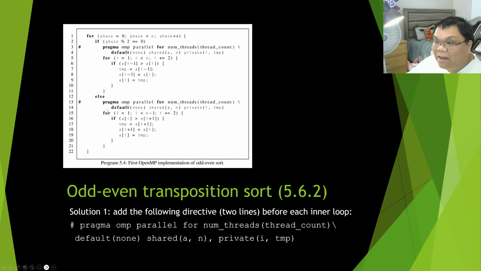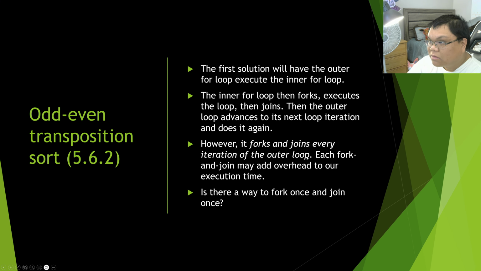And then we do the odd phase, where we fork, do some stuff, and then we join again. Every time we do a fork and join, that adds overhead. Can we reduce that overhead by doing a fork before we do anything? And the answer is yes.